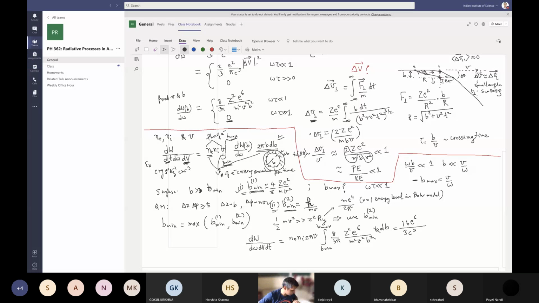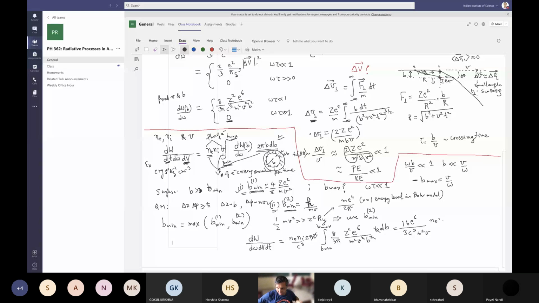Okay, so 8 Z square e to the 6 by 3 pi. I'm missing a c cube here: c cube m squared v squared b squared. I missed this c cube, so that's why there is this c cube here. Right, there is v here and v square here, so this makes it v.